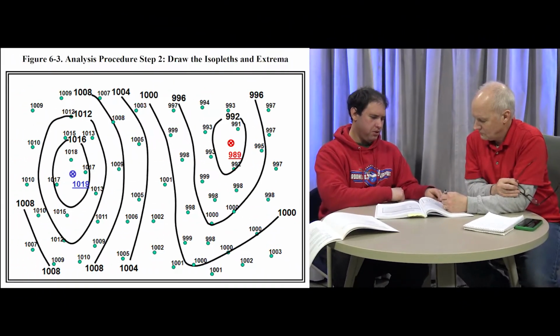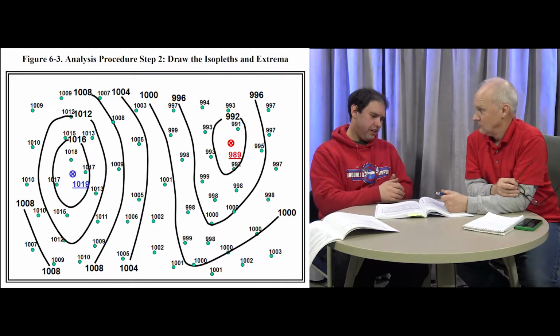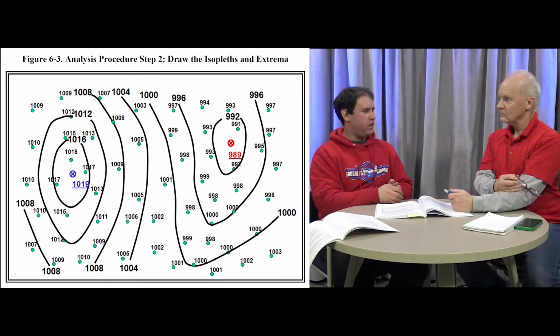But you'll notice this essentially looks like a topographic map of ground. And that's in a sense basically what it is, because you're measuring highs and lows of atmospheric pressure. So you can think of the high pressure, which is the blue dot there in figure 6-3, as sort of a hill, and the red dot is sort of a valley, and the lines in between them as contour lines.